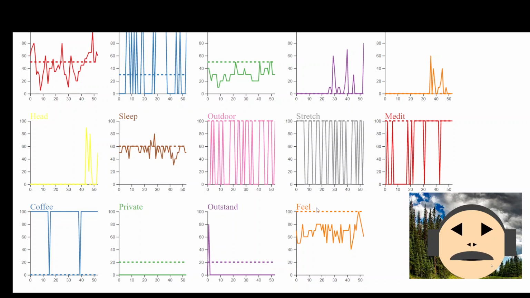And the target value was 100%, meaning that that person aimed at feeling great 100% of the time, but the actual values recorded, as you see, more often ranged between 60 to 80% of his target value.